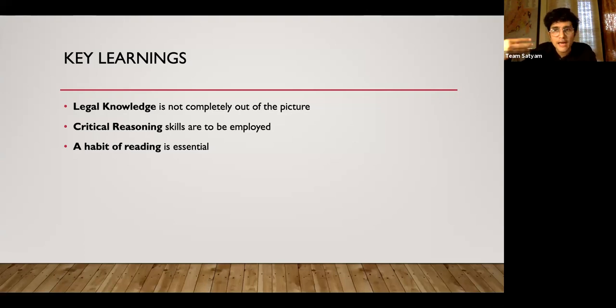You're required to bring into your answers your skills of critical and analytical reasoning to arrive at the correct answer. And a habit of reading is essential. So without some amount of proficiency in reading, comprehending, analyzing, and coming to a quick answer within the same time is essential for the Clat paper.